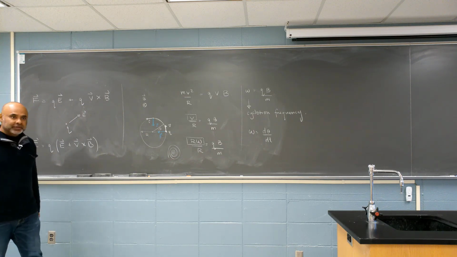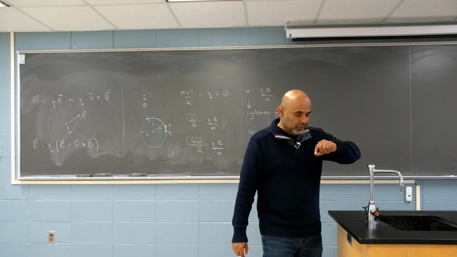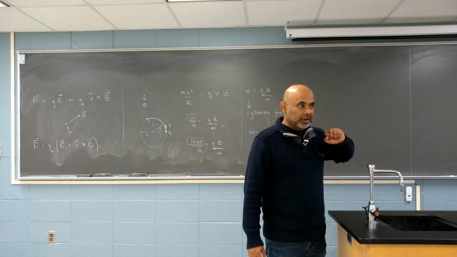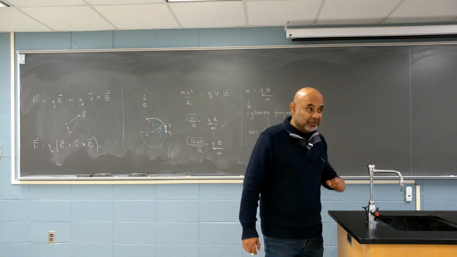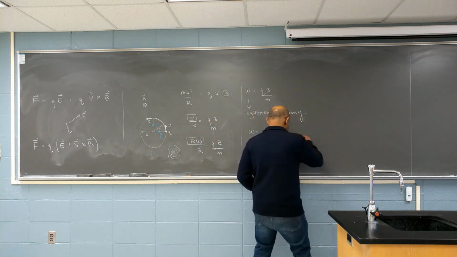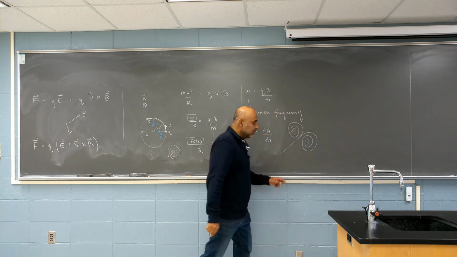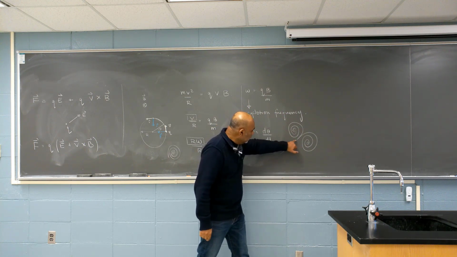So in particle physics, very often you'll see there's a bubble chamber where it records the tracks of particles, literally just physically making the track, and you'll see diagrams very often like this. This is a telltale sign of a particle-antiparticle pair.